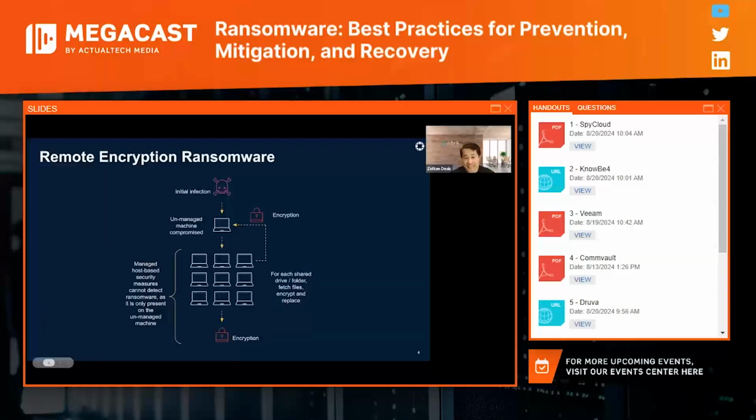Remote encryption attacks. Not new technology, but it's one that's evolved and really seems to be driven in large part by the increase in remote work over the past several years. Remote ransomware attacks happen when attackers use one compromised device to encrypt data on other devices on the same network.